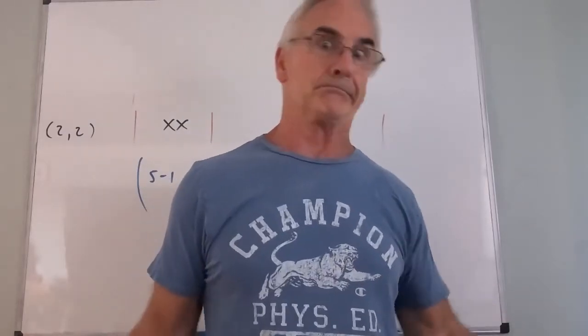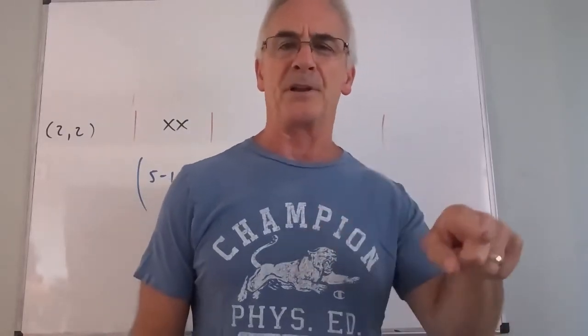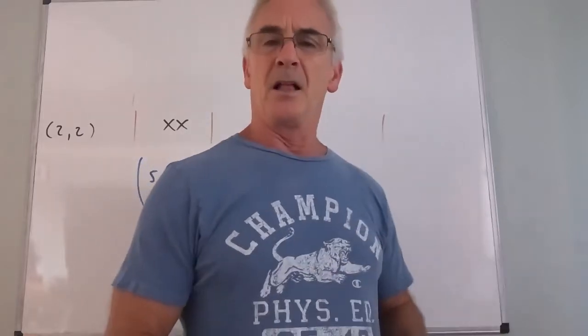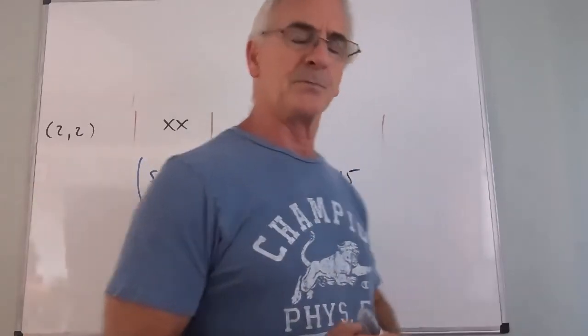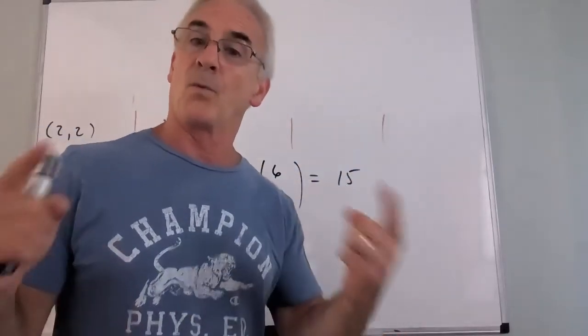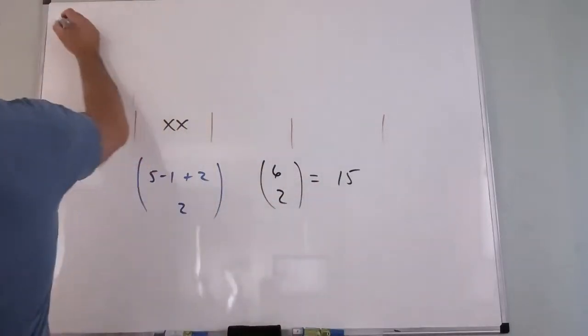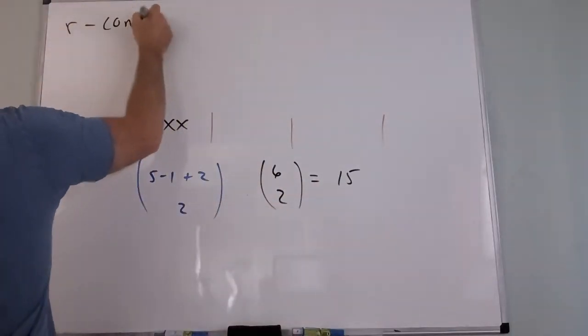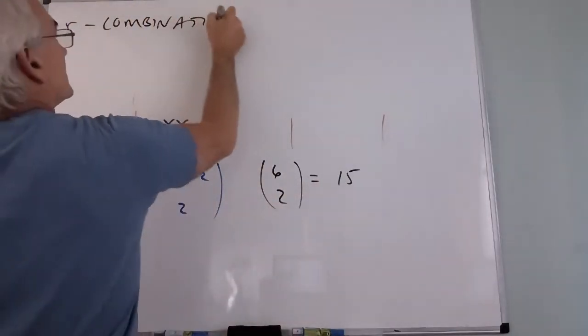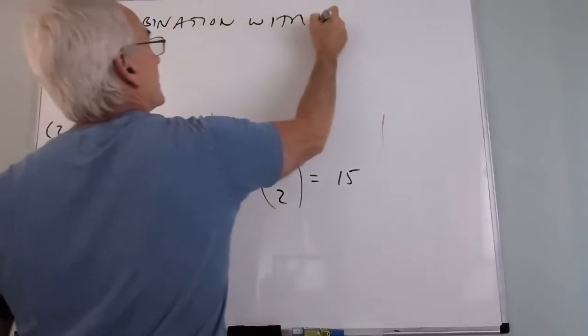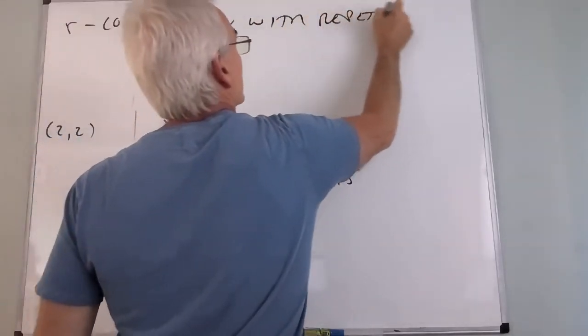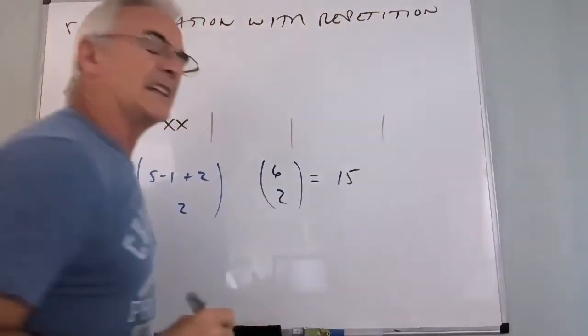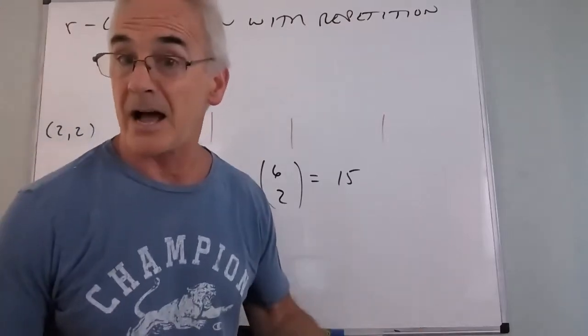That seems redundant, but an R combination versus an R permutation. This is a form of an R combination, but this is called an R combination with repetition, or at least with repetition allowed.